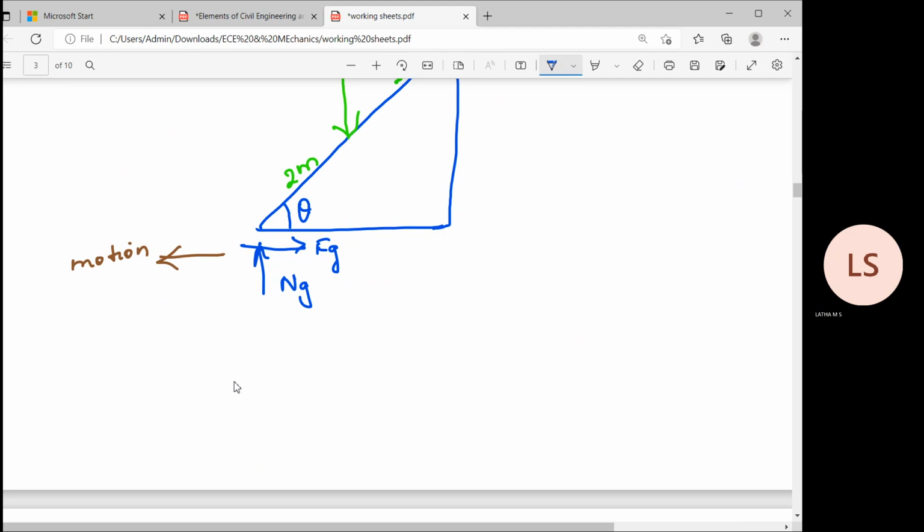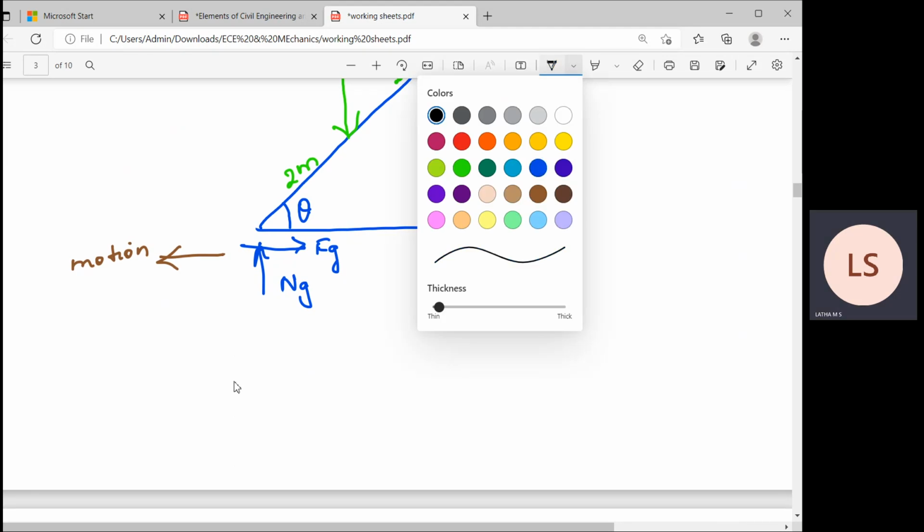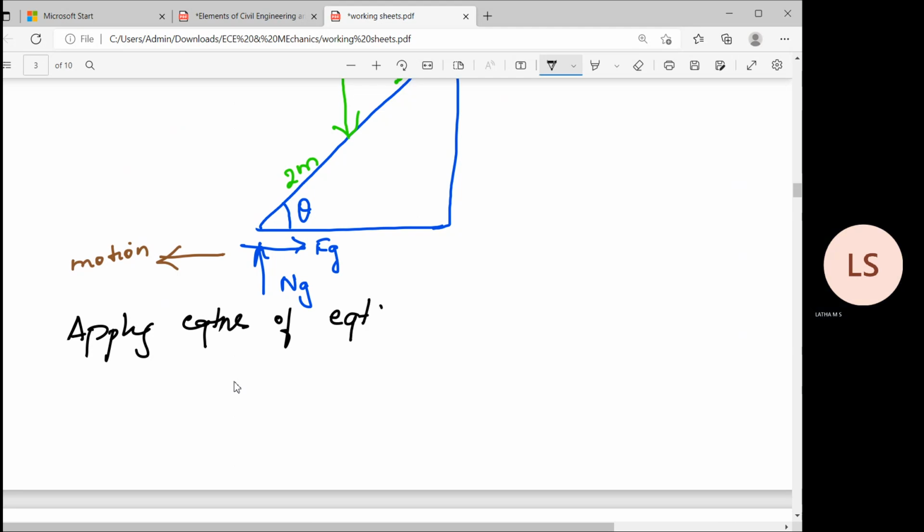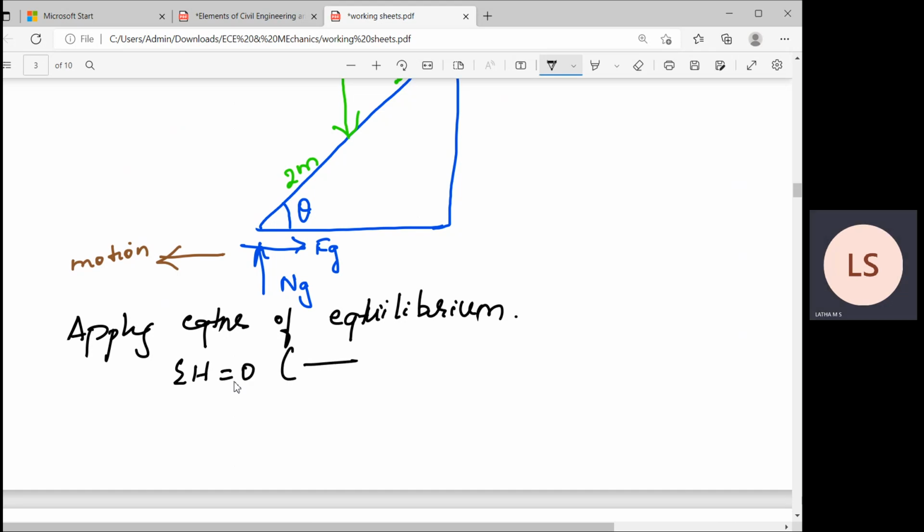Apply the equations of equilibrium. Taking sigma H equal to 0, take positive to the right and negative in the opposite direction.